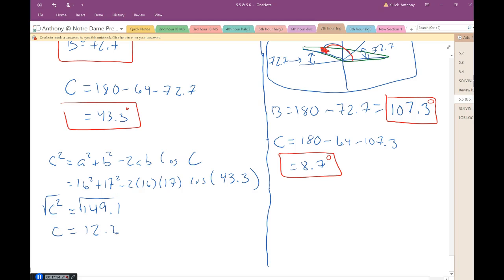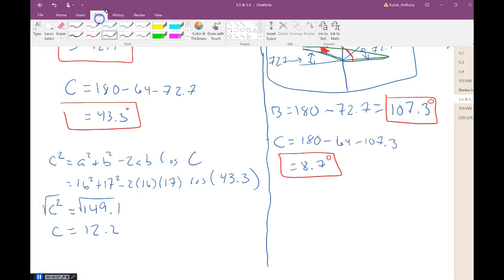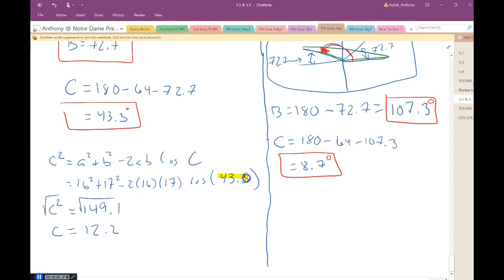That feels much better. If I'm going to use the same method to find C in the other triangle, what's the only thing I need to change in my law of cosines formula? What's angle C? 8.7, right? So it's going to be exactly the same stuff.